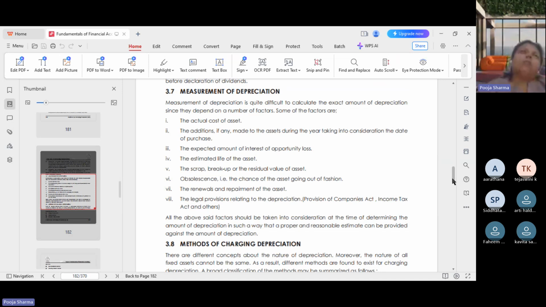First of all, it can be done by so many methods: straight line, WDV. It depends on the circumstances or our needs. Then we charge depreciation. First of all, for measuring depreciation, we must know the actual cost of assets. If we have made any addition to it, we have to add it to the cost for depreciation.